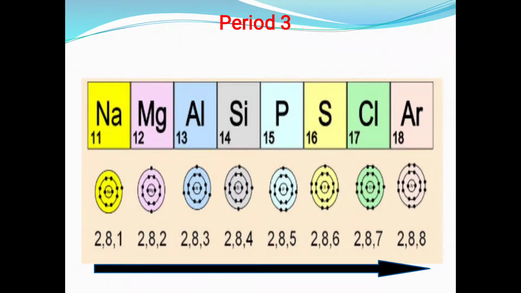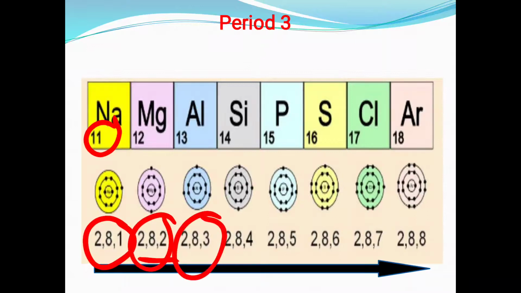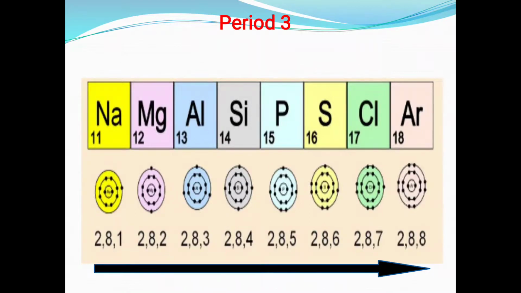The atomic number of sodium is 11, its electronic configuration is 2,8,1. Magnesium's electronic configuration is 2,8,2. Here 2,8,3, 2,8,4. Like that, the electronic configurations are mentioned here. If you compare them, their valence electrons are not the same as in the case of a group.